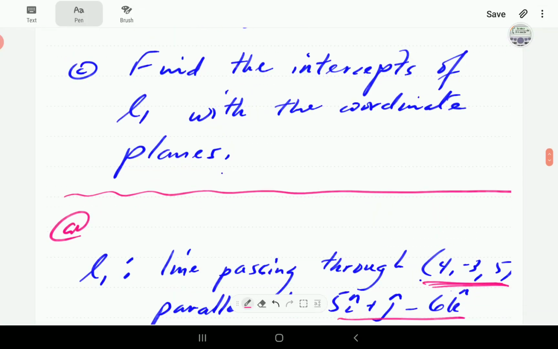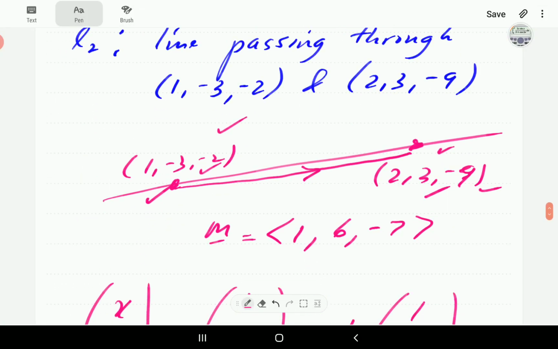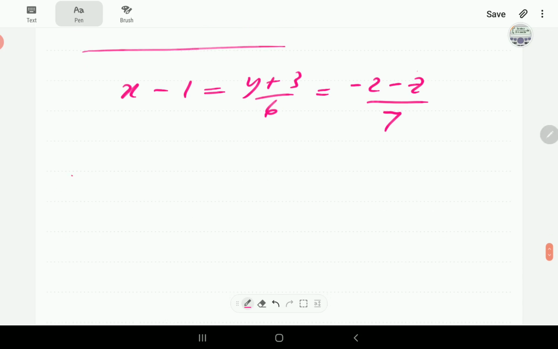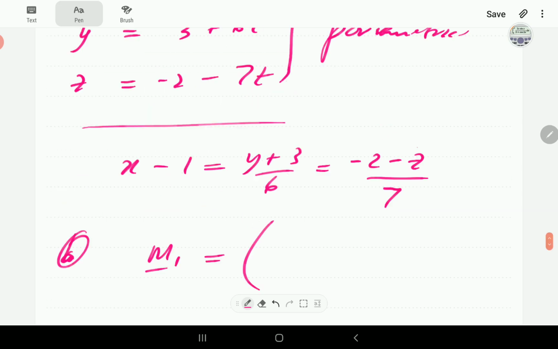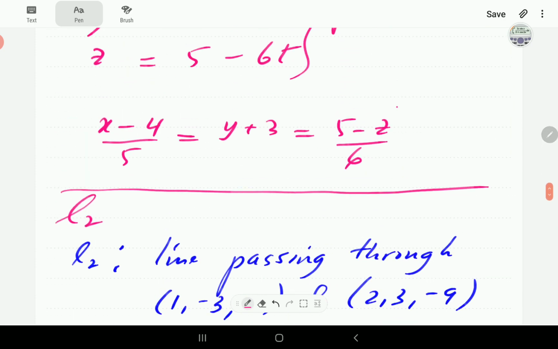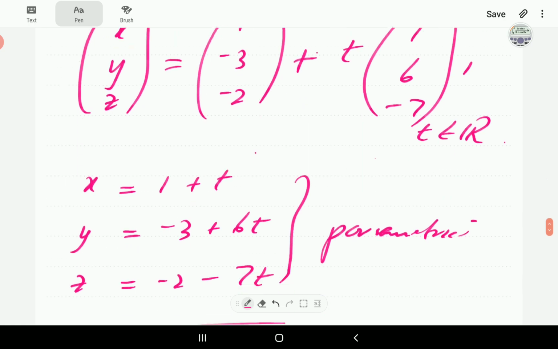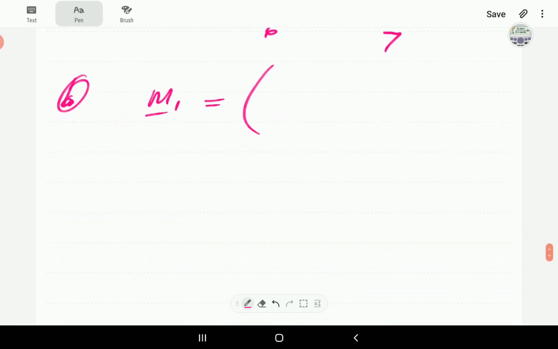In part B, we want the angle between L1 and L2. So here what we need to do is to recall the direction vector for L1, which was 5, minus 1, 6.